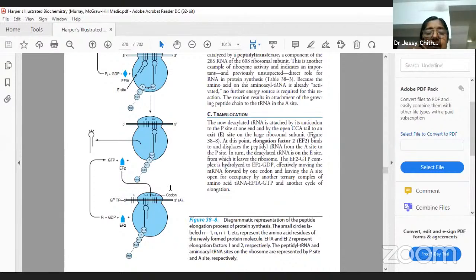And the third step is translocation, where the peptidyl tRNA occupies the P site and the A site is free to carry on the next step in elongation. How many molecules of GTP are being utilized? 2 molecules of GTP. 2 high energy phosphates are being utilized in this step. So that is about elongation.